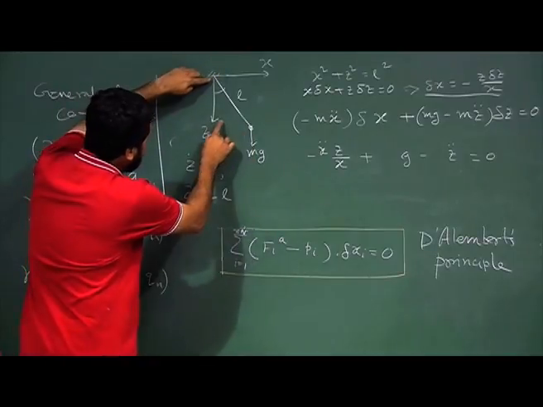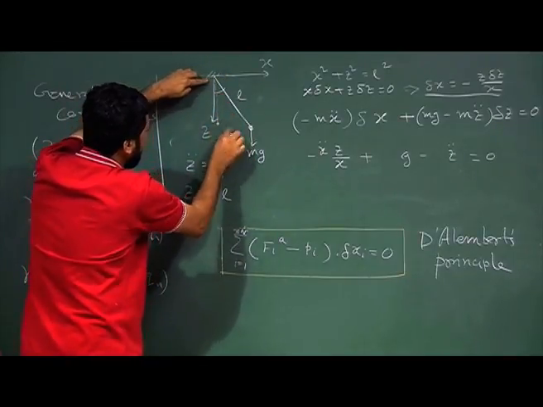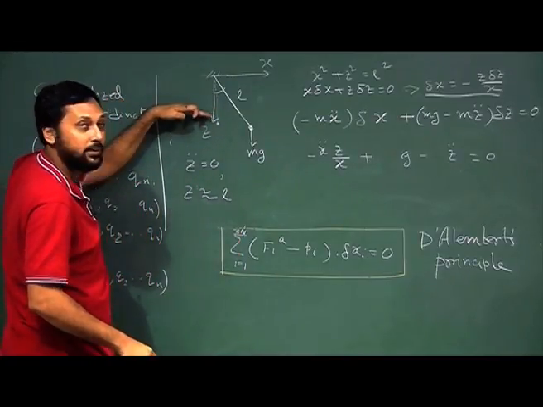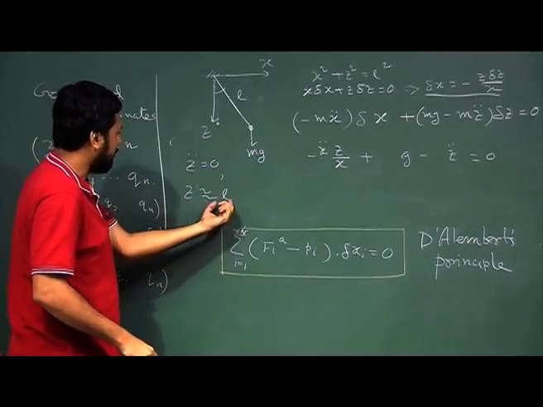That means the displacement is so small that the acceleration in the z direction is almost negligible and the length z is almost equal to L.